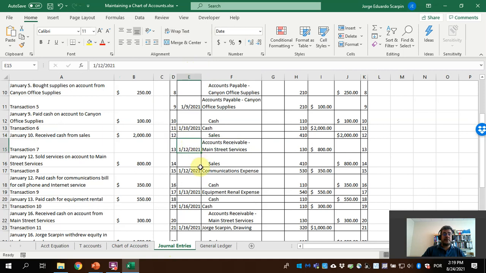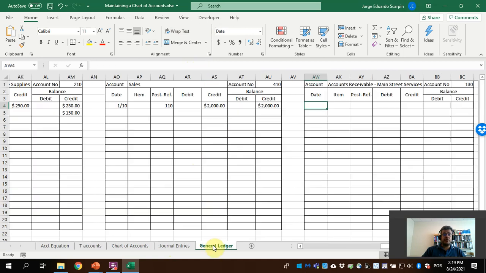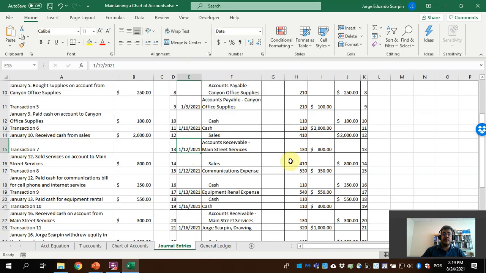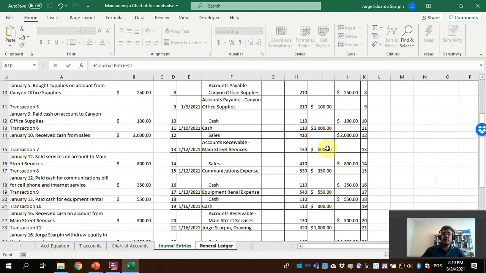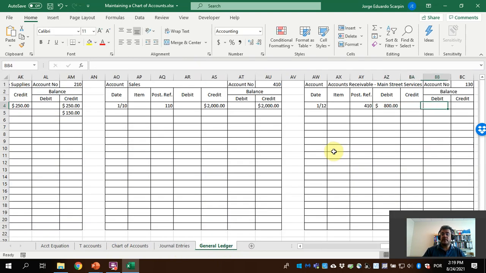Here, this 12. Post ref. The other one is sales for 10. Debit 800. First one, only debit. And the other one is sale. It is right over here.